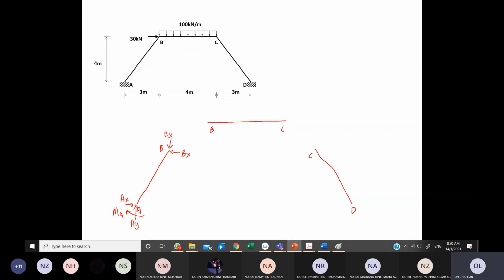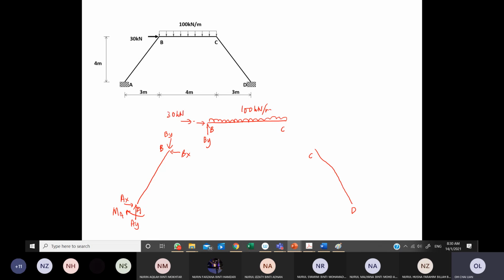So yeah, the MA, MB, we will put it later because we already know the answer actually. So we have BY, 100 kilonewton per meter, and the other 30 kilonewton.